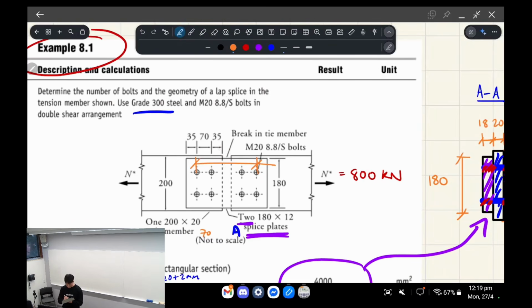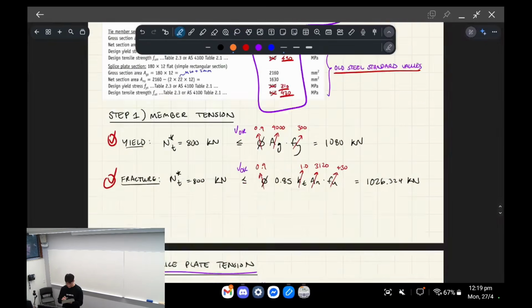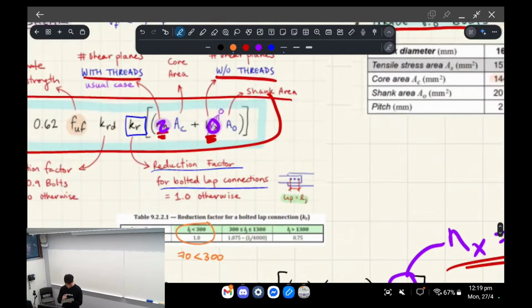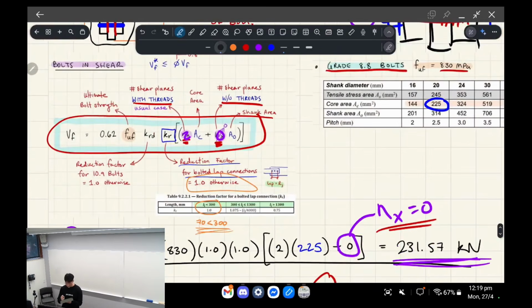And you might think, oh, that might be bigger than 300, right? But in reality, we're looking at the interaction at one interface, so between the splice plate and the member. And so therefore, we only need to check the lap longitudinally between these two rows of bolts, okay? So we're just taking that as 70. And essentially, since 70 is less than 300, we take a reduction factor of only 1, okay? So that's something else to consider.